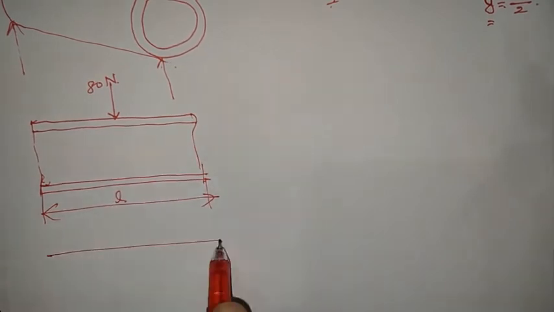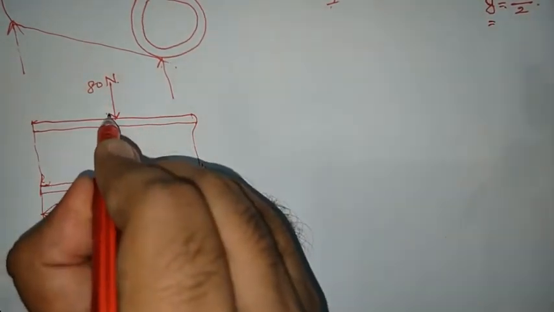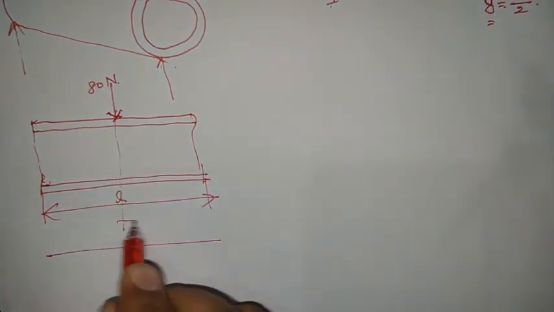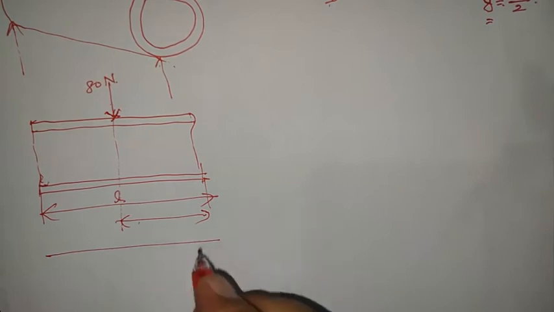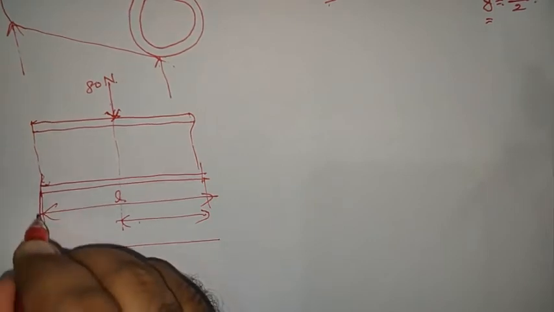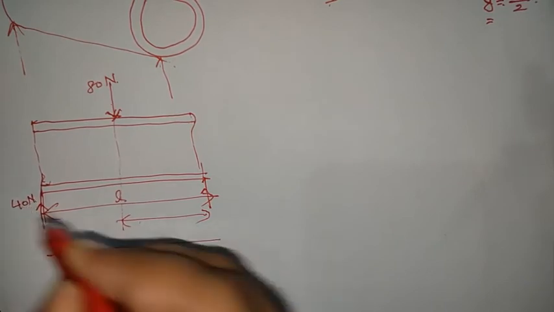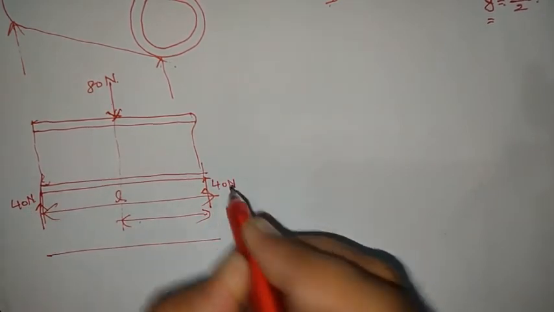Then what is the bending moment? Load into distance. So here at the center only we will get the maximum bending moment. If you take the support reactions, here it is 40 newtons, here also it is 40 newtons.